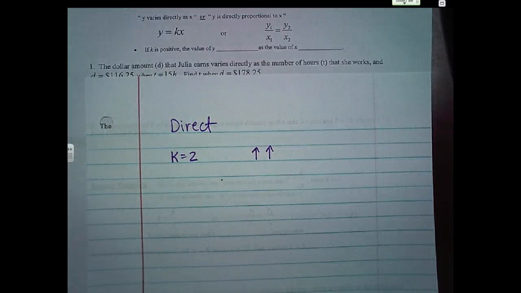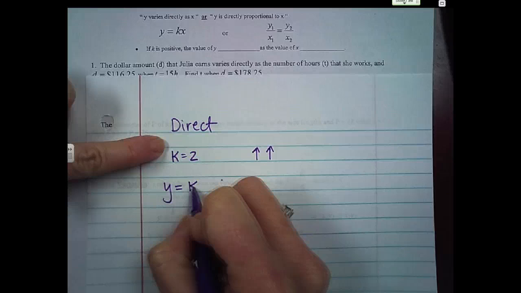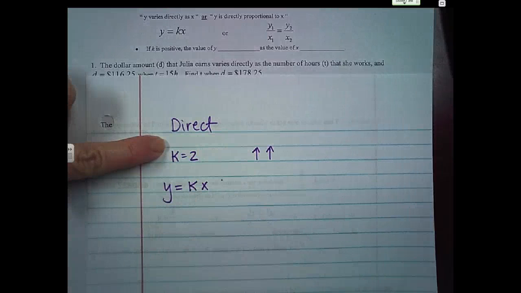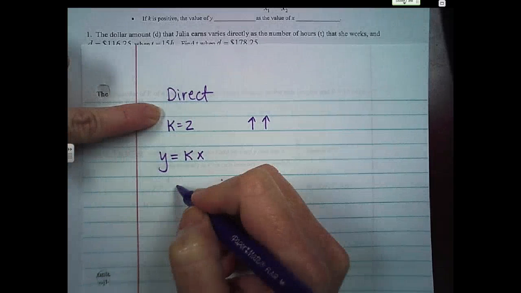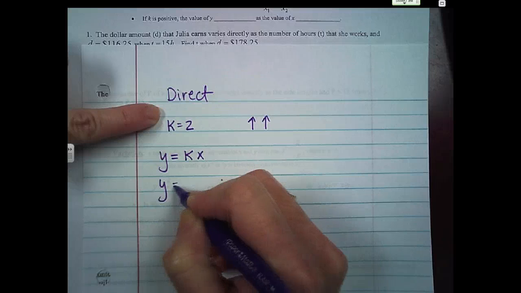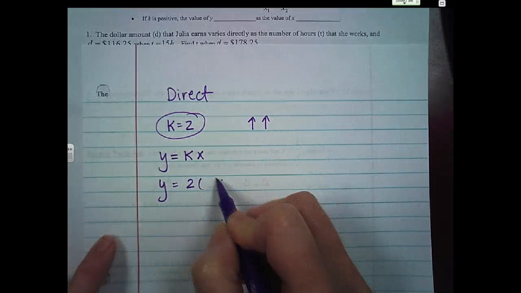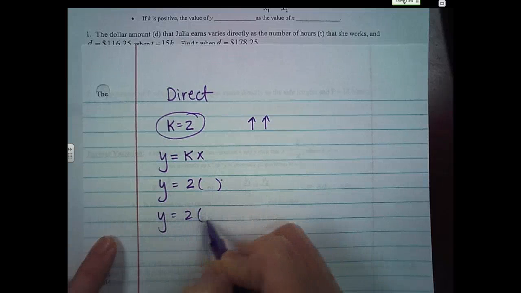They both increase. And what I mean by that is this. If I tell you y equals your constant value times your x, okay? Because I'm multiplying, y equals, what's my constant? 2, right?